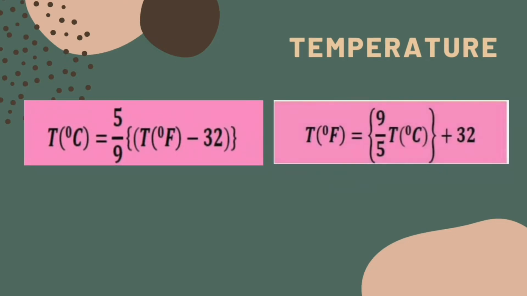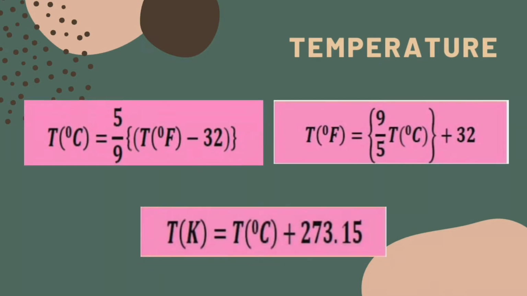If you want to find the temperature in Fahrenheit, you use the formula 9/5 multiplied by the temperature in degrees Celsius plus 32. And finally, if you want to find the temperature in Kelvin, you use the temperature in degrees Celsius plus 273.15. And that is all for heat and temperature.